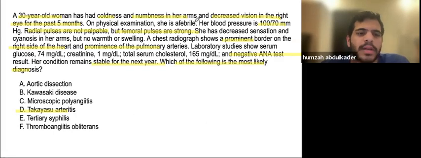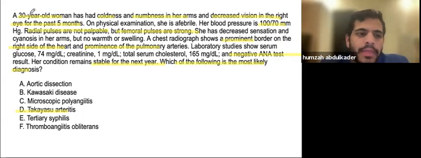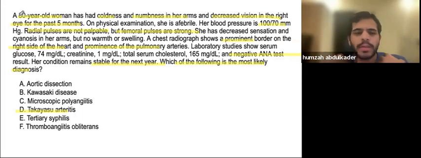Yeah, so people were saying in the chat, the fact that the pulses are not palpable, right? Especially the upper pulses. And also just being a young woman. A young Asian woman with what's called pulseless disease, I believe, right? So a young Asian woman who you can't feel the pulses in the upper extremities, oftentimes that's Takayasu.